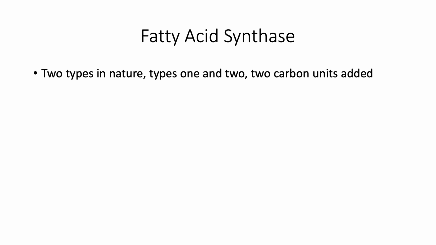Fatty acid synthase: there are 2 types in nature, types 1 and 2, and you have the addition of 2 carbon units. The initiation is as follows. So you have the malonyl group right here with elimination of CO2.